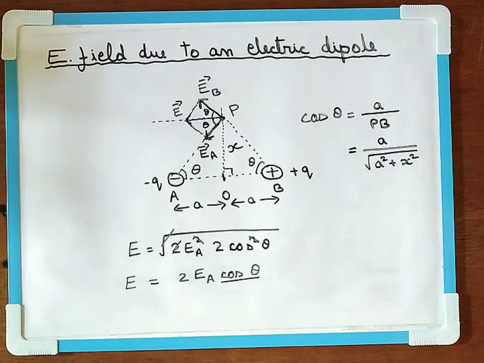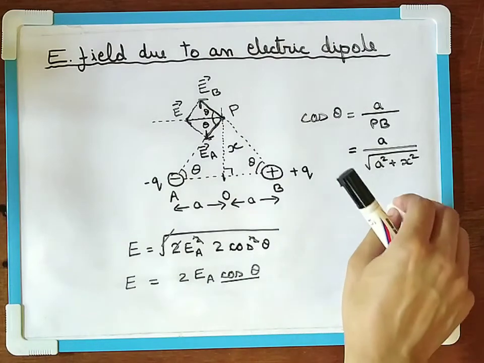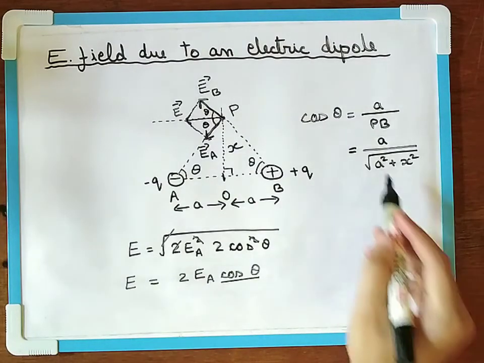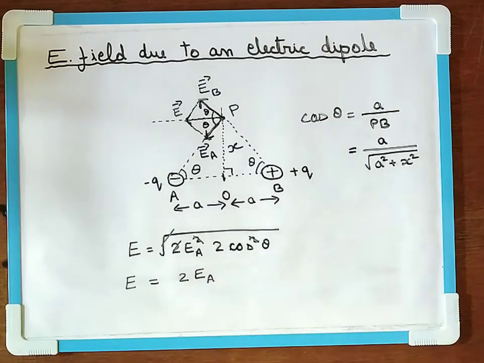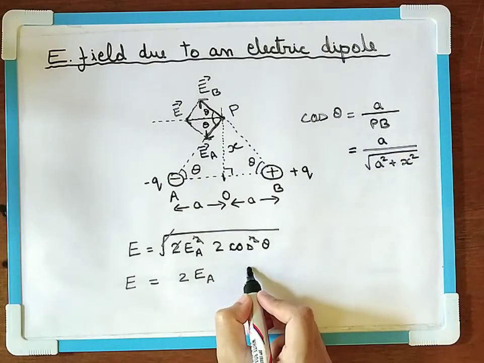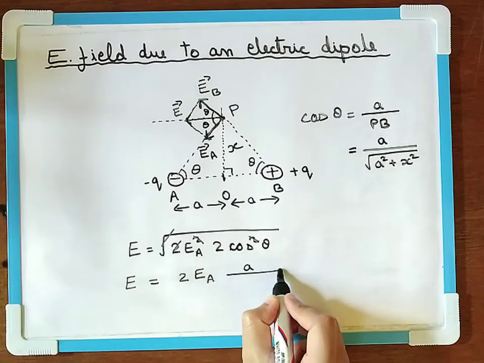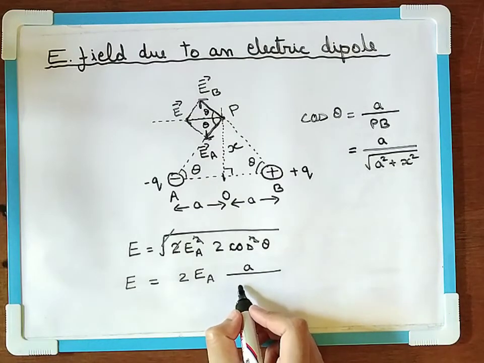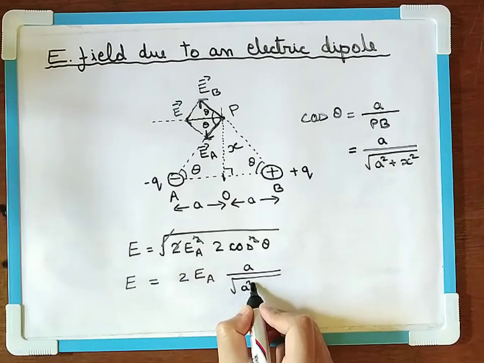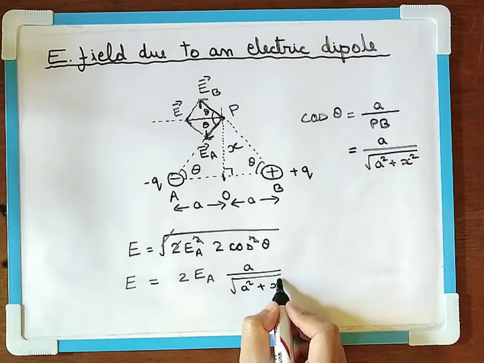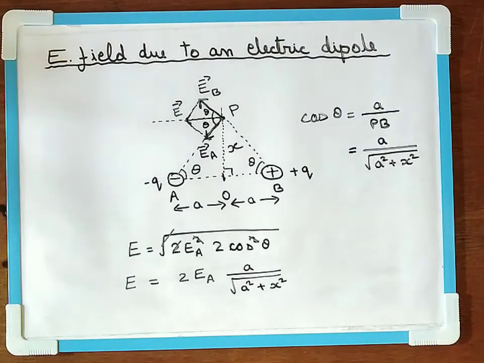So instead of cos theta, I'll put the value here. So cos theta will be equal to a over root of a square plus x square. Now for E_A also, we have found the expression before.